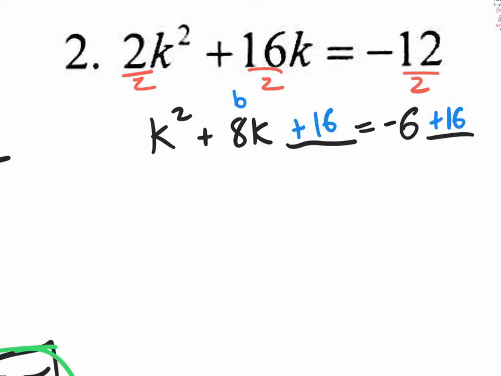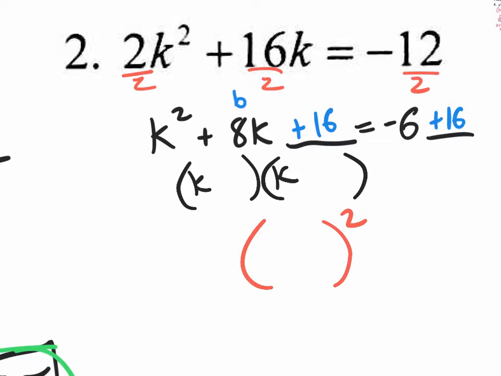Now, why did I want this perfect c value? That way I could rewrite it as a binomial squared. Yes, you could factor by putting a k here and a k there, thinking what times what is 16? But you could skip that and jump straight to the binomial squared. Put the k right in there, and what's this missing piece? It's up on your notes. It's simply going to be half of b.